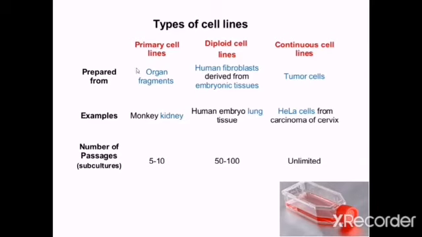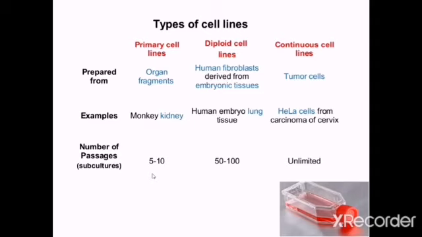So let's see the differences between these three cell lines. Primary cell line: these are taken from normal cells, freshly taken from the organs of animals or humans and cultured. However, there is a limitation.